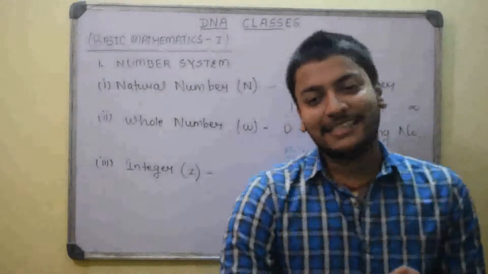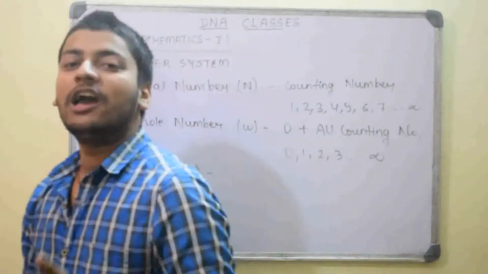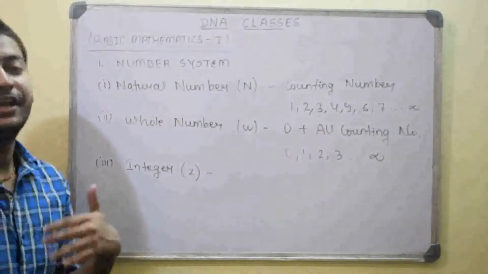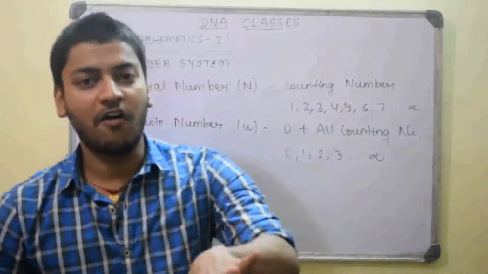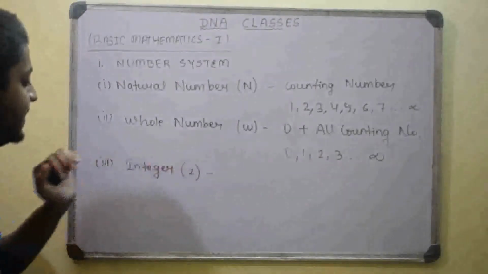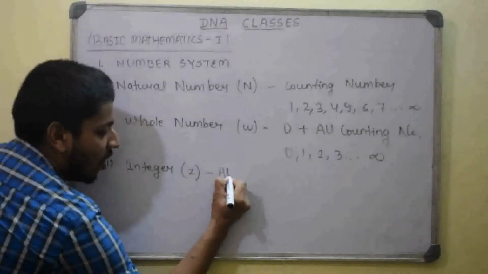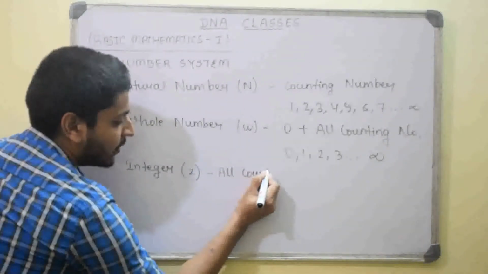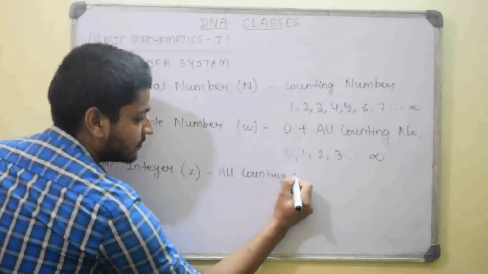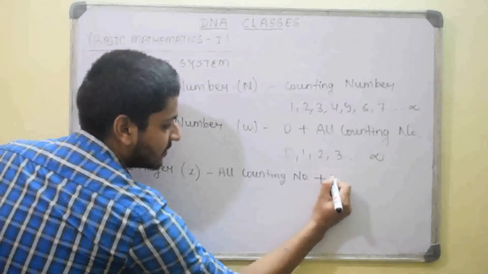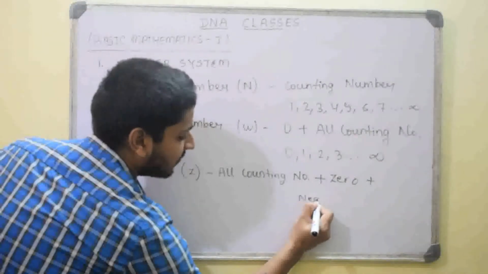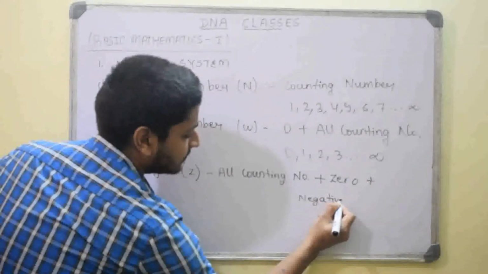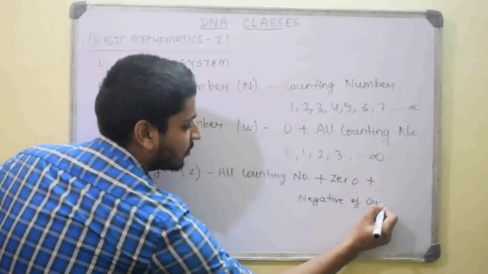So integer will be defined as all counting numbers including 0 as well as negative of counting numbers, means all counting numbers plus 0 plus negative of counting numbers.